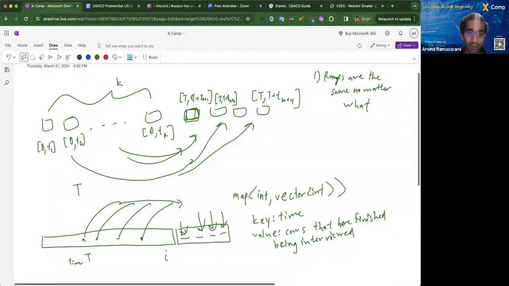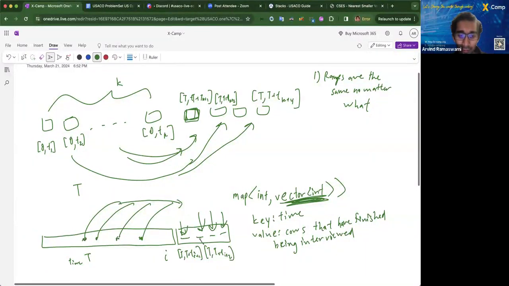Right? So at time t, it's going to be a vector, a list of cows that have finished being interviewed. Let's say these cows have finished the interview, then that gives you these intervals: from t to t plus t_i plus 1, and from t to t plus t_i plus 2.